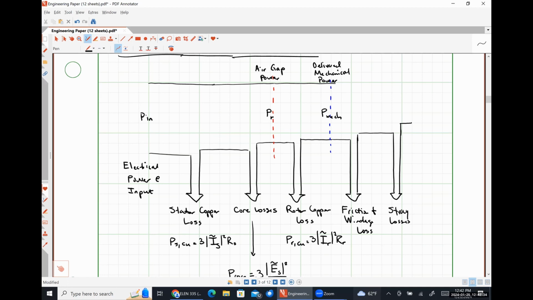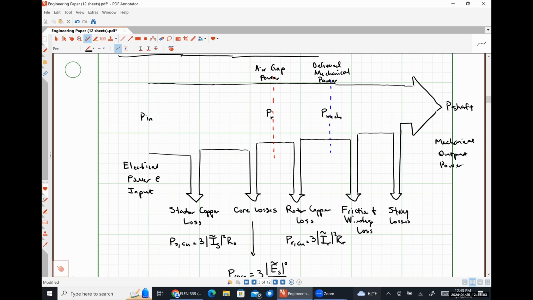And then finally, we have the power that's actually delivered to the shaft, which is our mechanical output power.